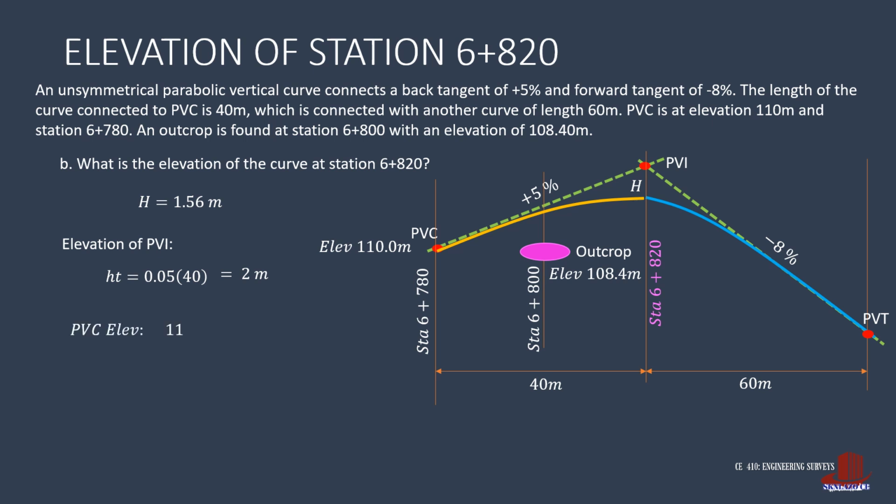Thus, from the elevation of PVC, which is 110 meters, add the height of 2 meters to reach the elevation of PVI, which is 112 meters. From this elevation, subtract h of 1.56 to have the elevation of the curve at station 6 plus 820, which is 110.44 meters.